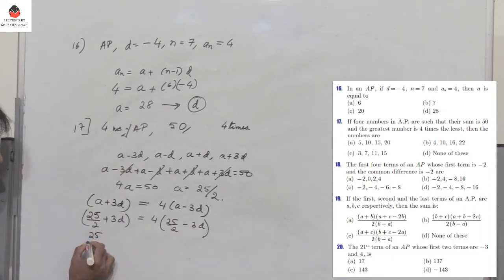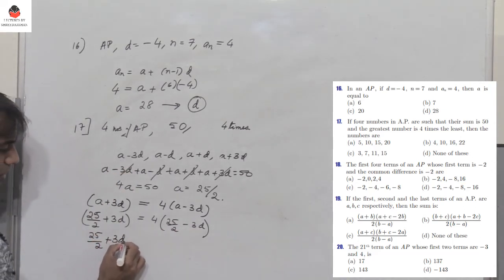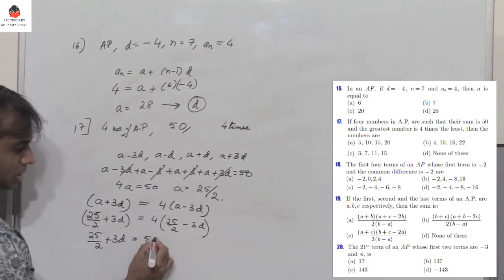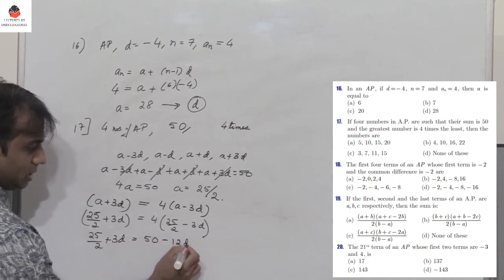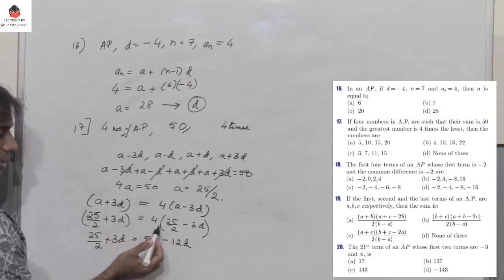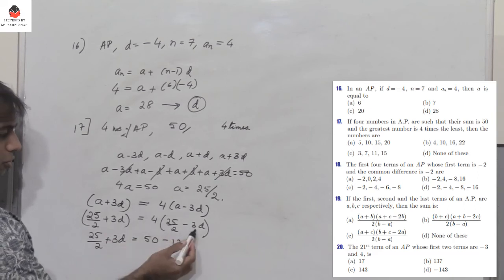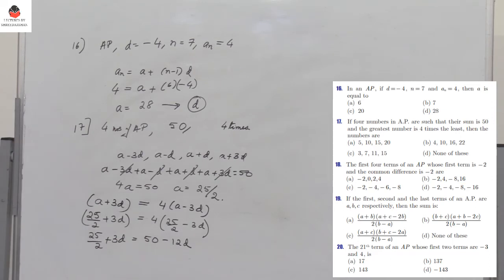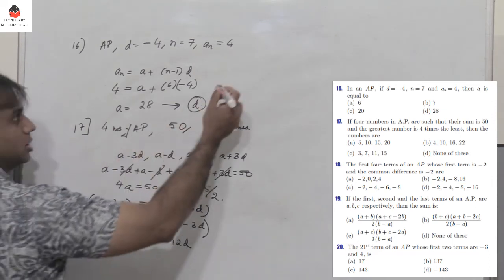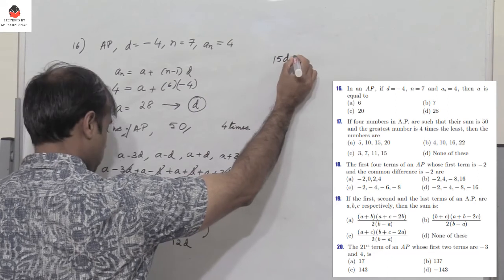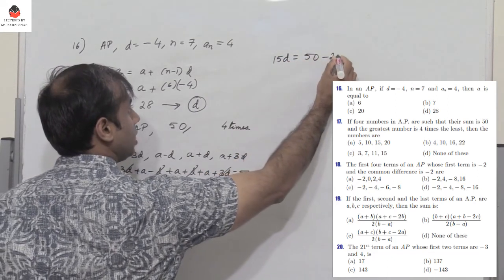So 25 by 2 plus 3d equals 50 minus 12d. So remove the brackets. 2 2s are 2 into 25 is 50, 4 3s are 12, so you get minus 12d. So bring minus 12d to this side, so you get 15d equals 50 minus 25 by 2.